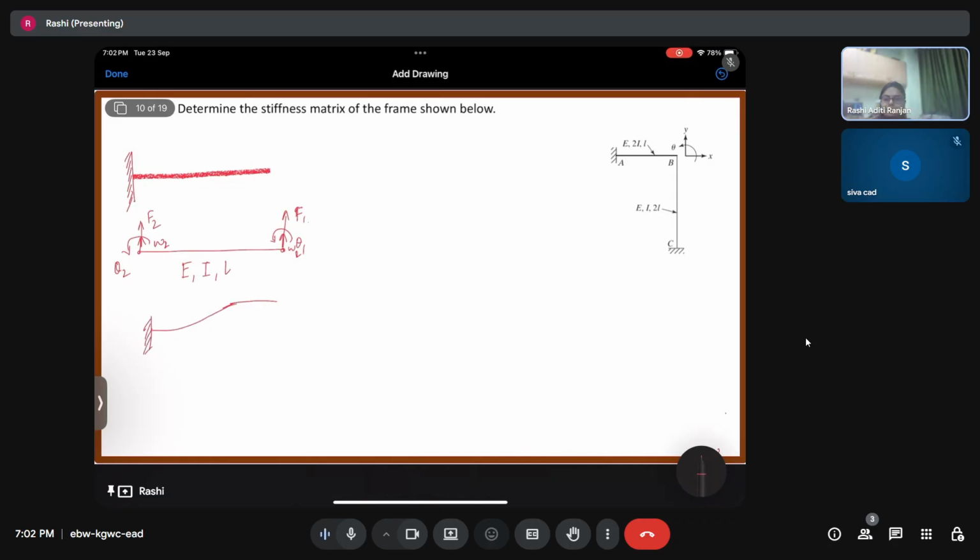We have this as W1, and theta 1 is 0 over here.